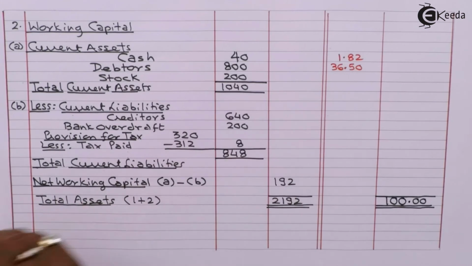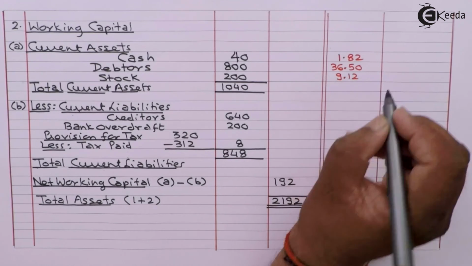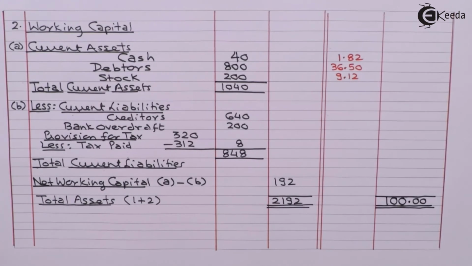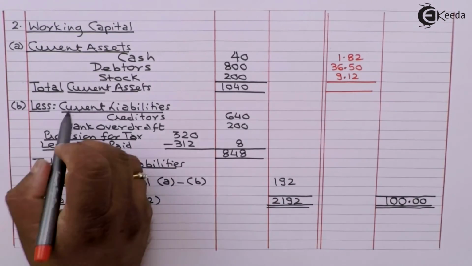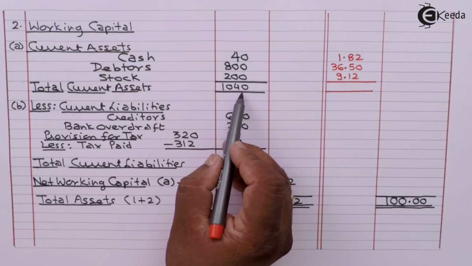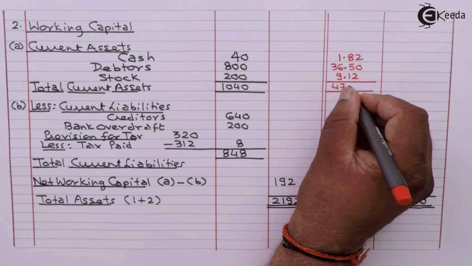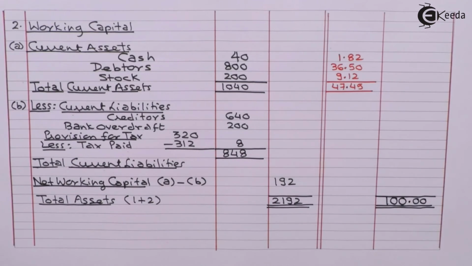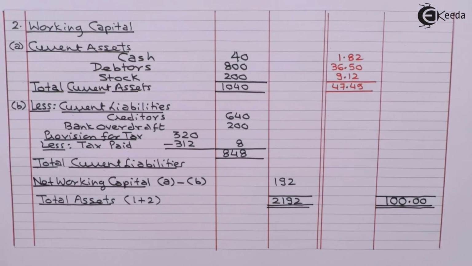Stock 200,000, (9.12%). Total current assets 1,040,000. Total current assets 47.45%.